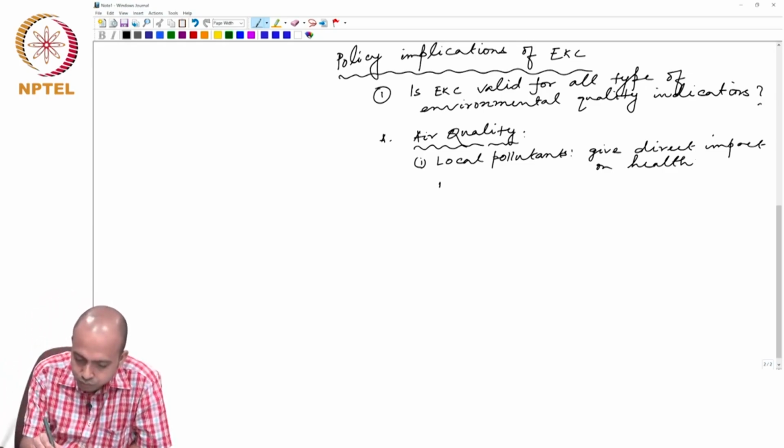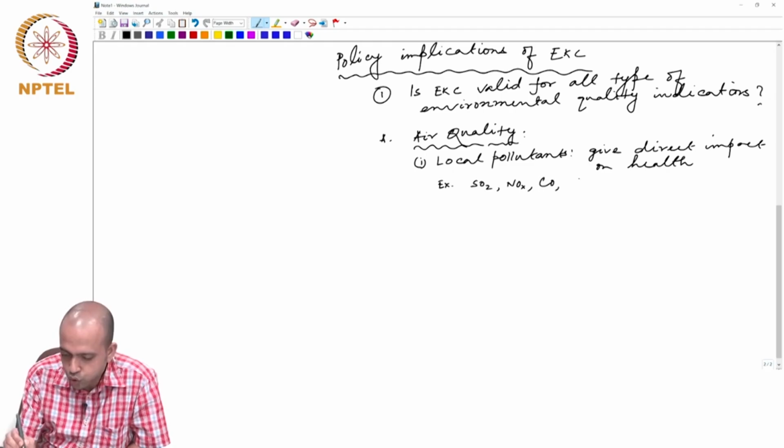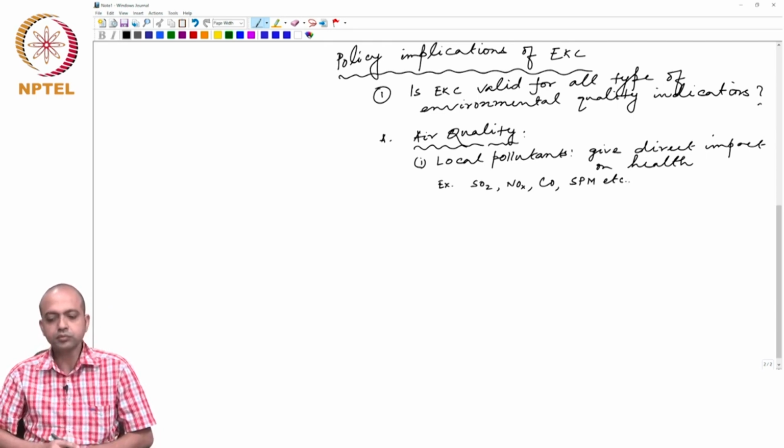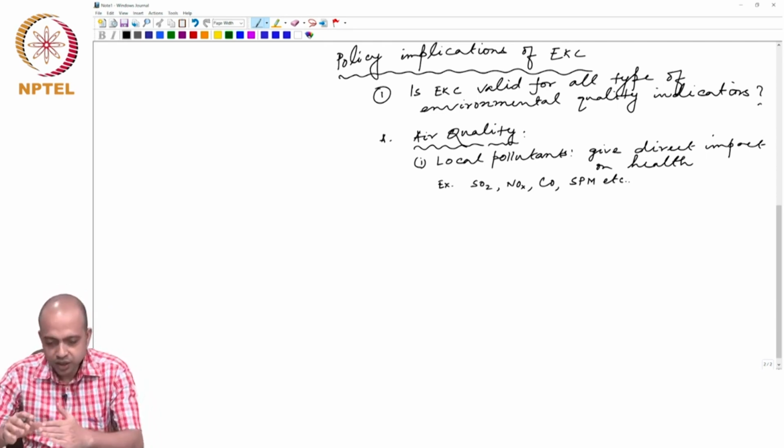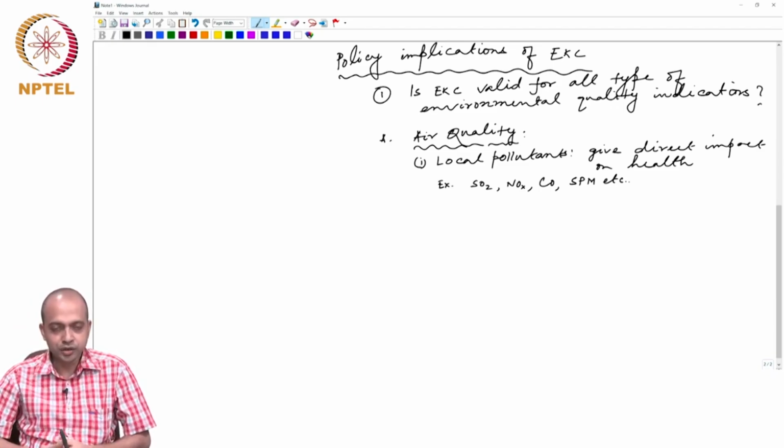What are those? Those are SO2, then NOx, CO, and then suspended particulate matter, etc. Okay. These are the air quality indicators which are used as local pollutants.